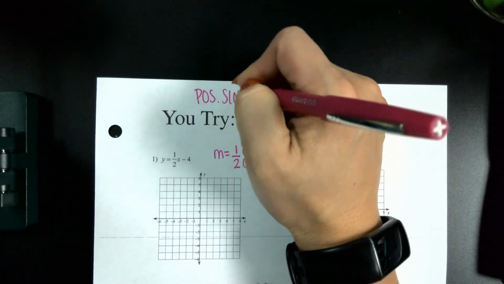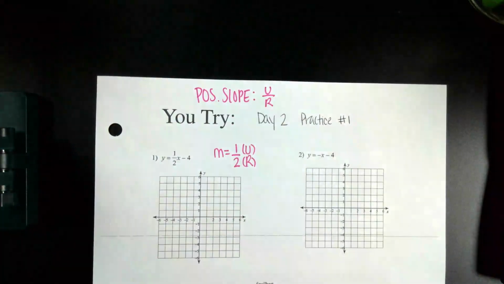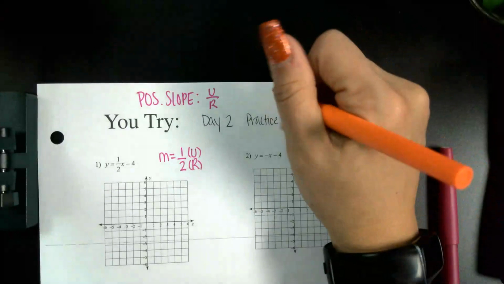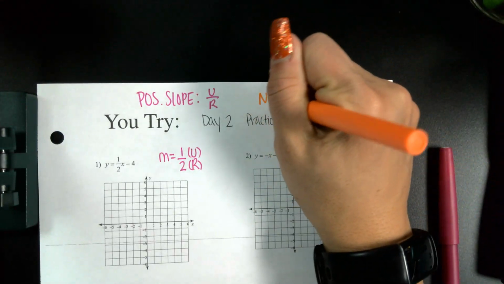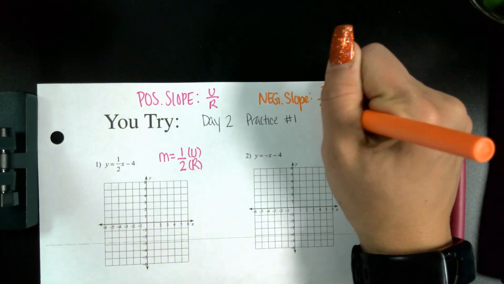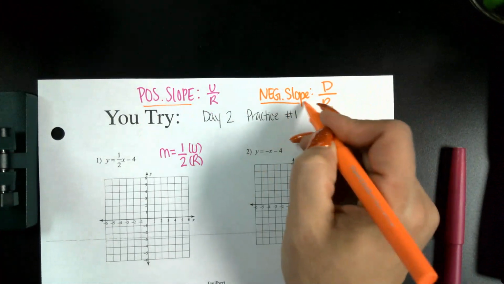Positive slope, we're going to go up and then right. And then negative slope, we're going to go down and then right. It's the only 2 things you guys have to remember.